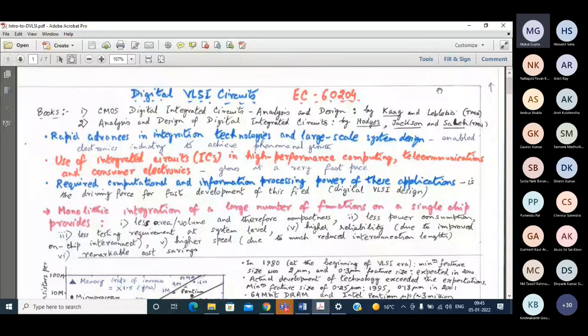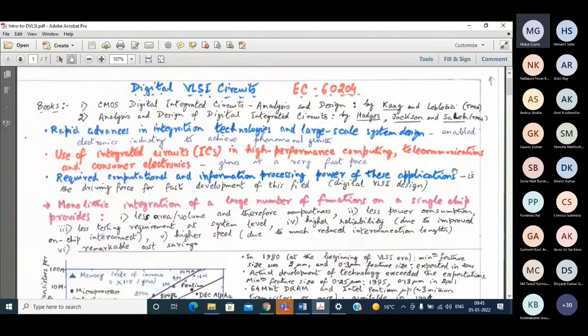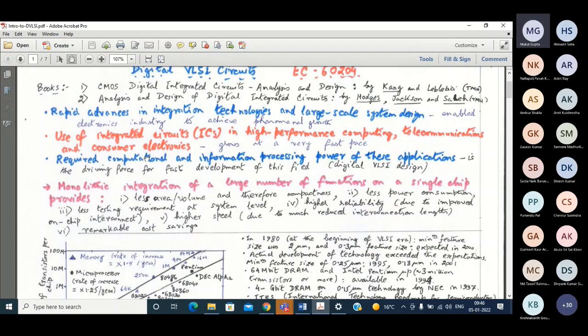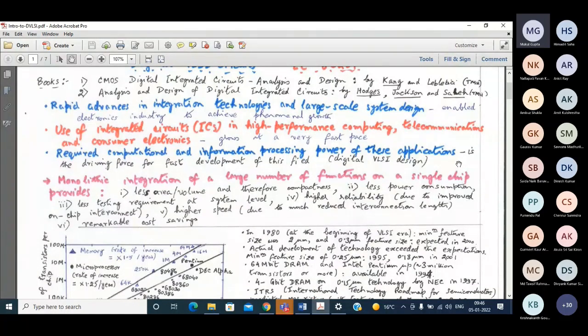The use of integrated circuits: high performance computing, digital signal processors, then telecommunications, mobile communication, consumer electronics, high definition television, just to name a few. So the use of integrated circuits is growing at a very fast pace, and the requirement of computational and information processing power of these applications is the driving force.